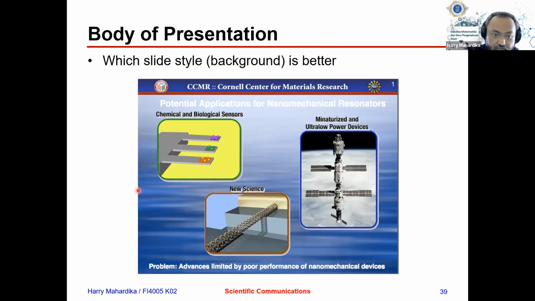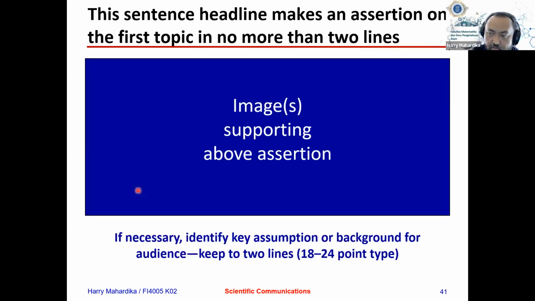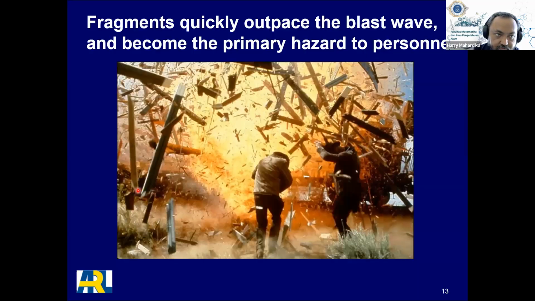Here are the examples. I'm just going to skip this. These sentence headlines make an assertion on the first topic in no more than 2 lines. So this is the example: fragments quickly outpace the blast wave and become the primary hazard to personnel.